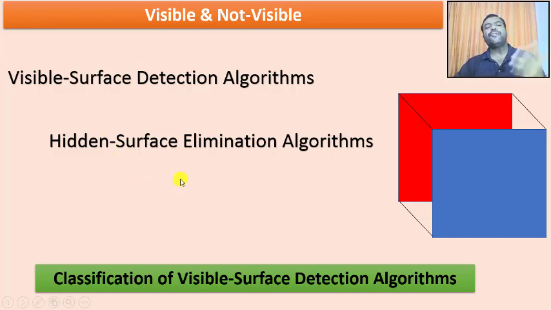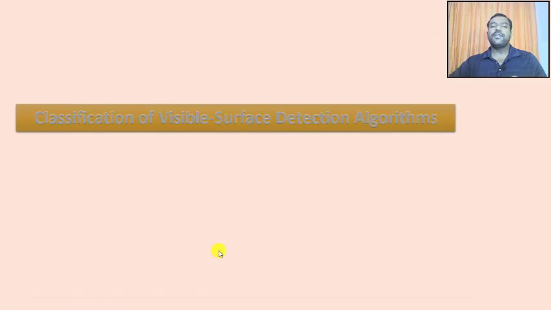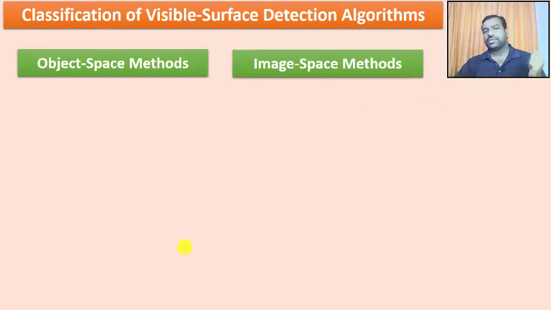Now there are different types of algorithms you can make use of or apply on an object to identify whether it is visible or not. So now we talk about the classification of visible surface detection algorithms. Whenever we talk about the classification, we are going to talk about two types. The first type is the object space methods.